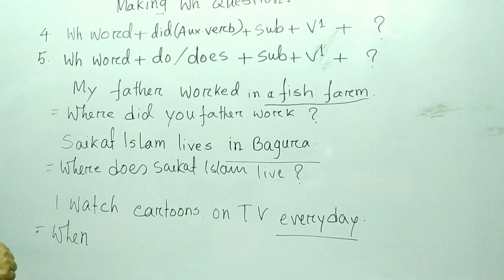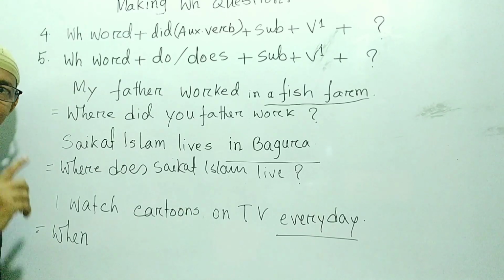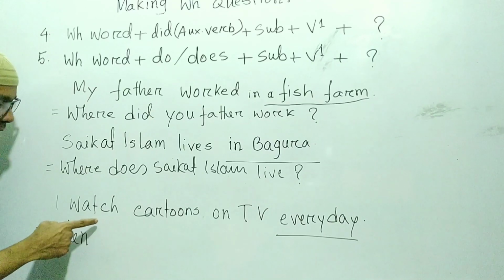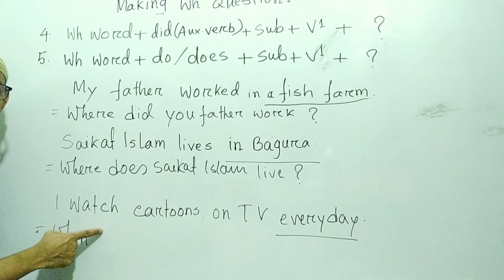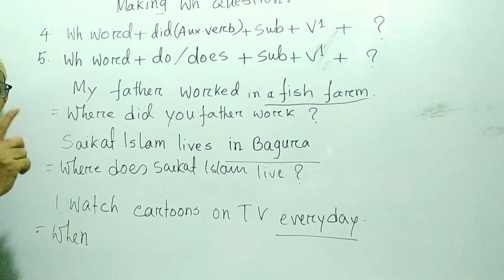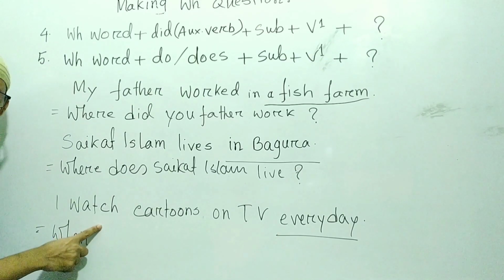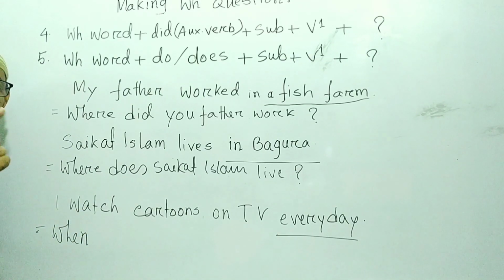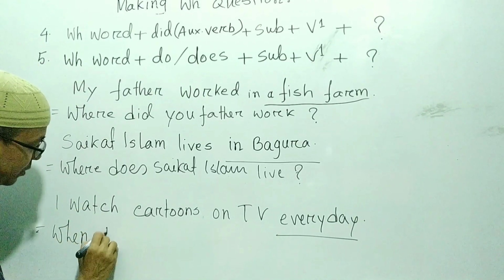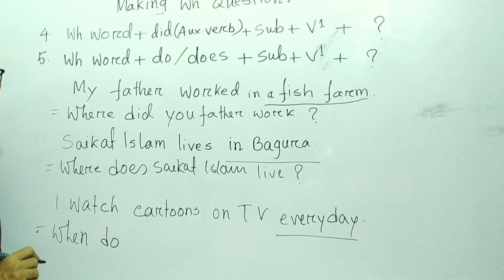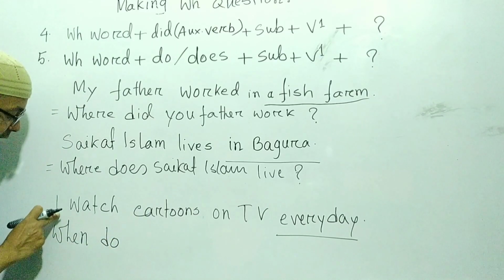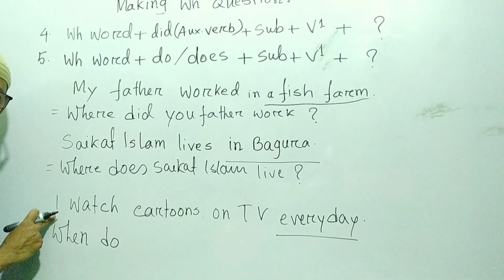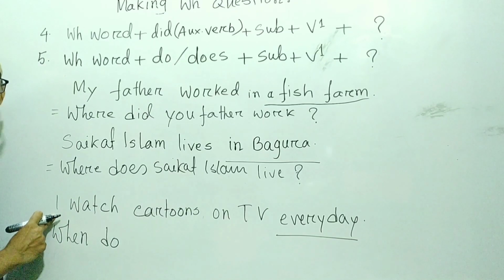Then you have to look at the verb. Here you can see the verb is in the present form and no s or es is added with the verb. So you have to take do as an auxiliary verb. So write here do. When do, then the subject of the verb. The subject here is I, and you know that instead of the pronoun I you have to take you.